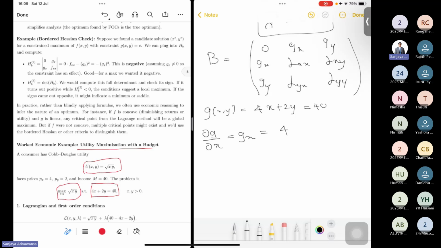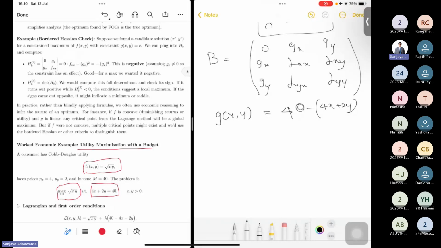Let me see here. Sorry, I had to write this down. So my constraint function g of x, y is 40 minus 4x plus 2y. I have to write it down implicitly.